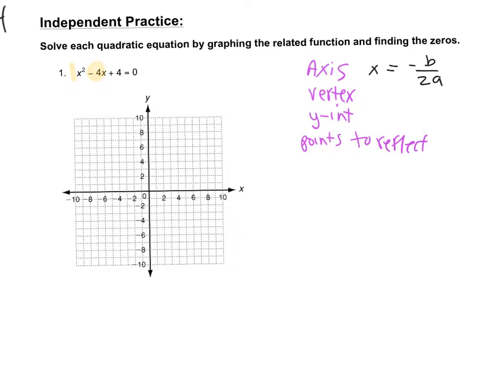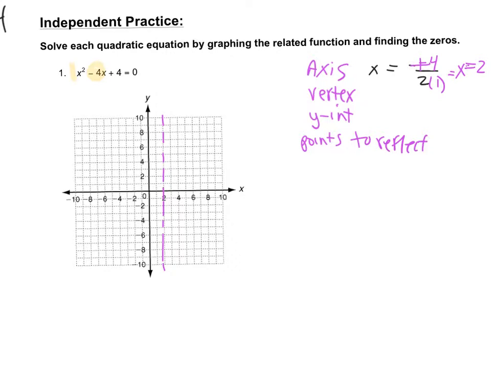So x is equal to the opposite of negative 4 over 2 times a, which is 1. This gives me positive 4 over 2, which is 2, so x equals 2 is my axis of symmetry. That is my vertical line.